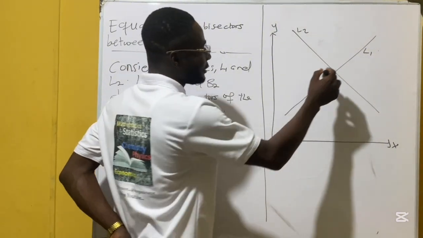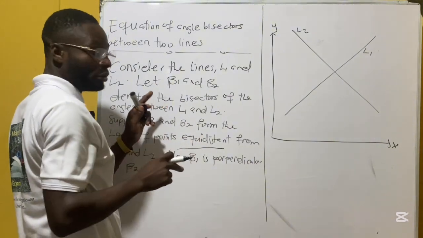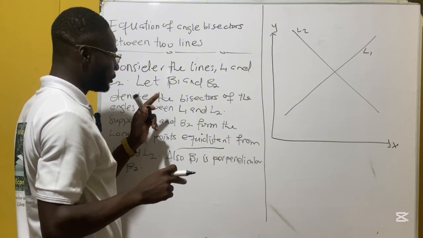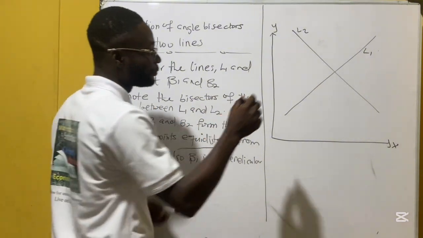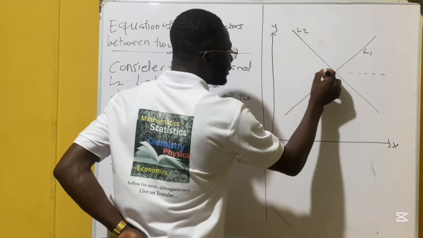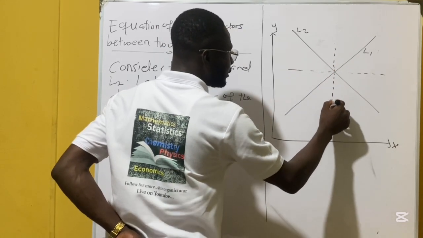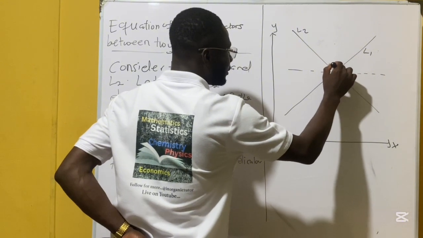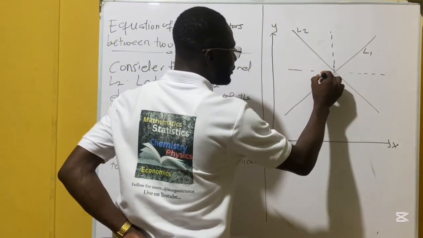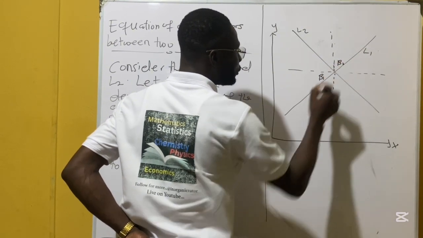And we are saying that we are letting B1 and B2 denote the bisectors of the angles between L1 and L2. So we are assuming that this is say B1 and this is say B2, right?